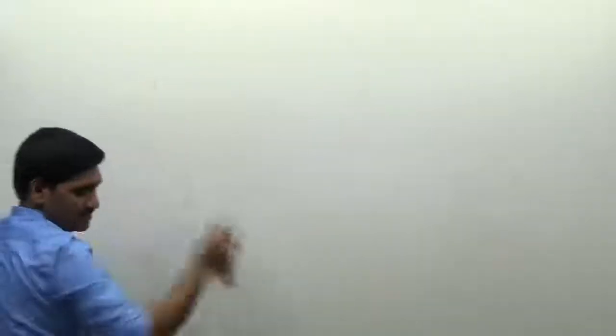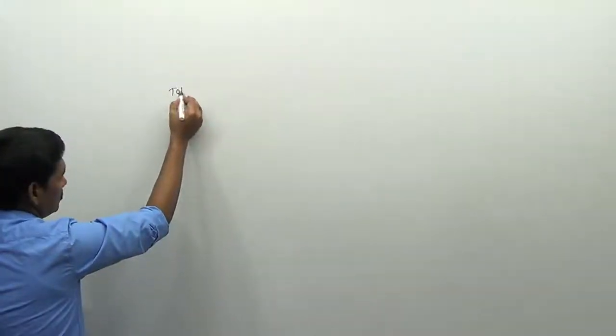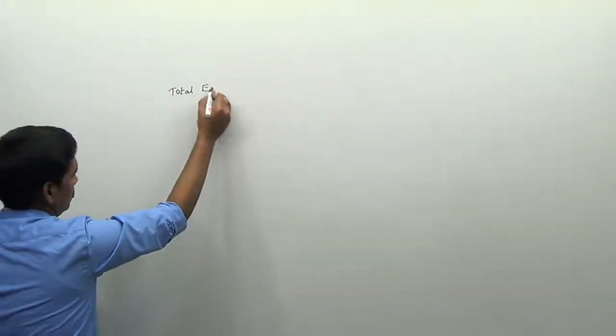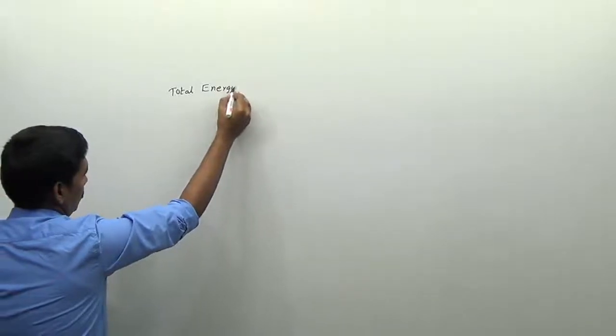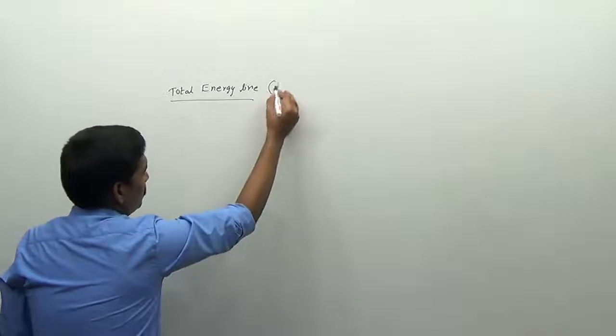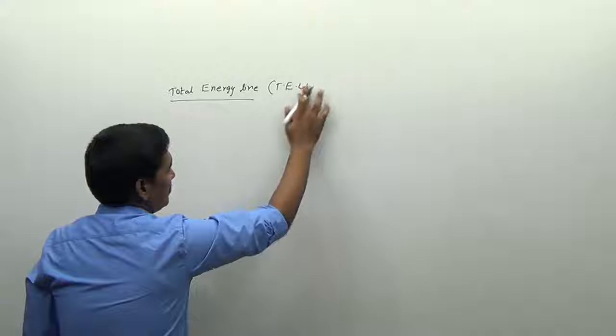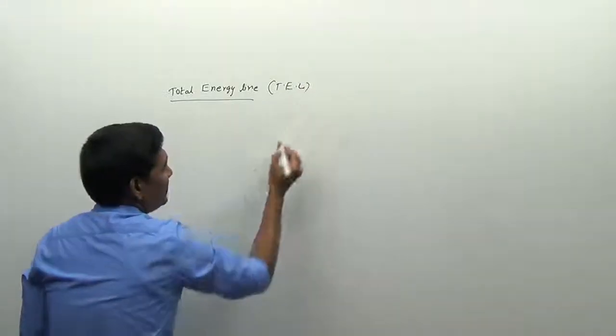Very important concept. Definitely you may get a bit from this concept. The total energy line is always called TEL. First of all, let me write what is meant by total energy.